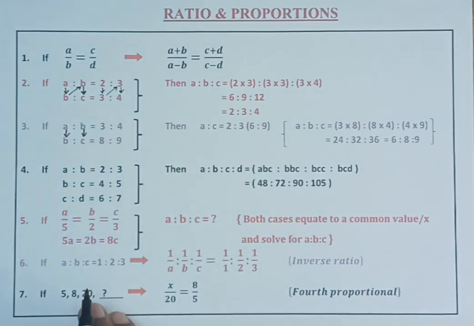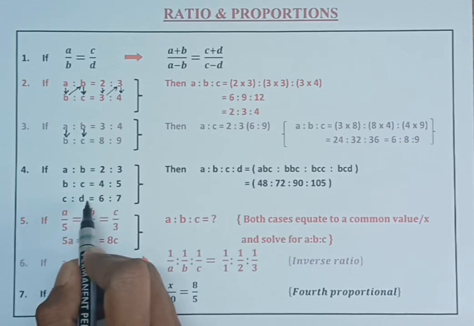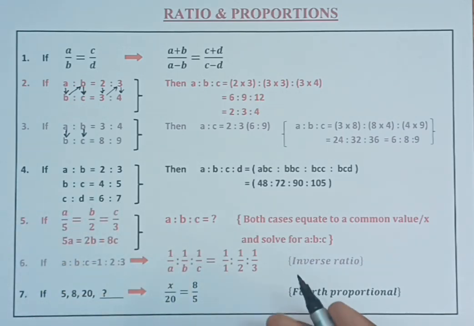Now, in the third case, one more ratio is added, that is C colon D is equal to 6 is to 7. Now, the case is similar.